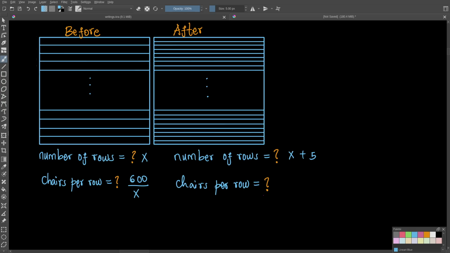What about afterwards? We do the same thing. We take the total number of chairs, 600, divided by the number of rows, which is x plus 5. This is afterwards.